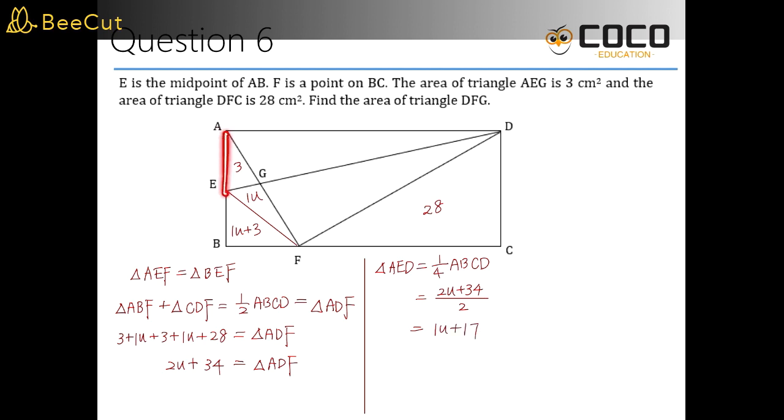Since this small triangle is 3 cm squared, 1U plus 17 minus 3 gives 1U plus 14. After that, we can find the area of triangle DGF. ADF is 2U plus 34, this part is 1U plus 14, so 2U plus 34 minus 1U minus 14 gives 1U plus 20.